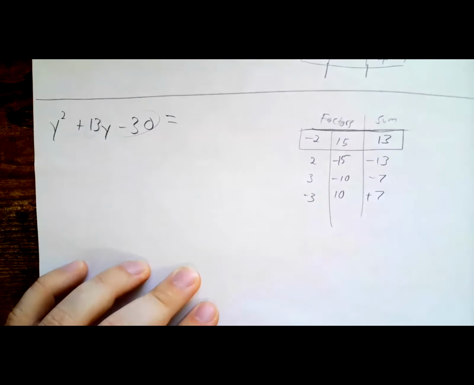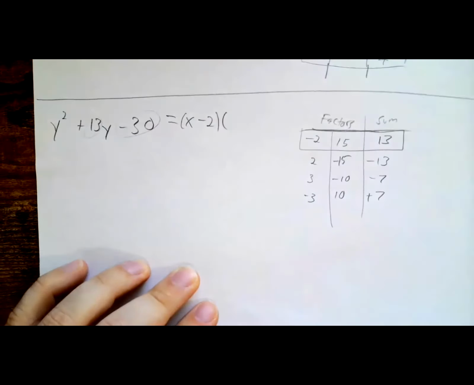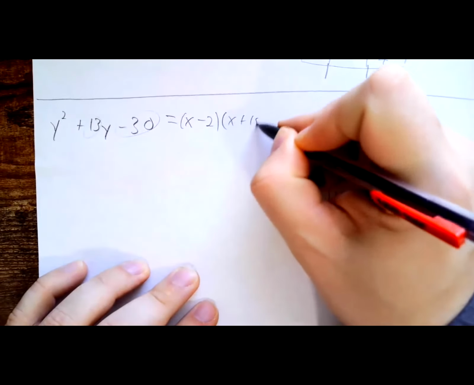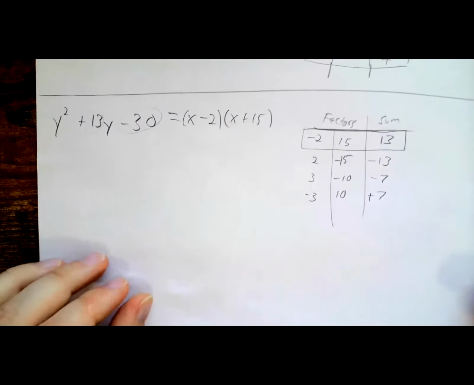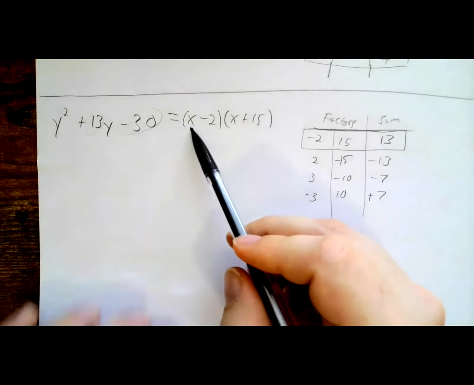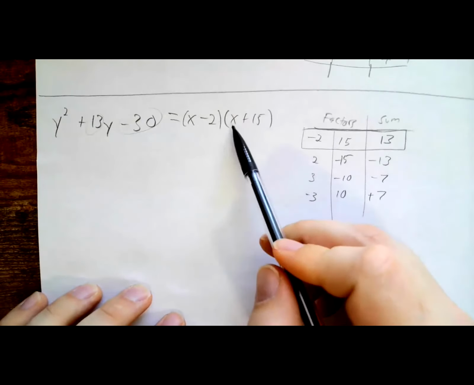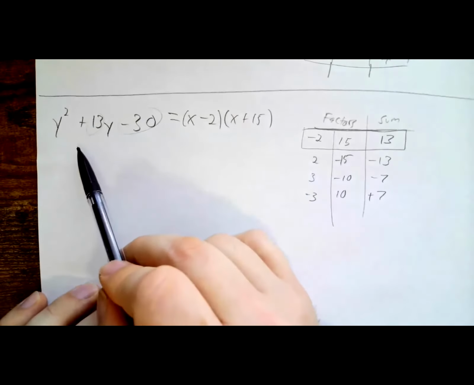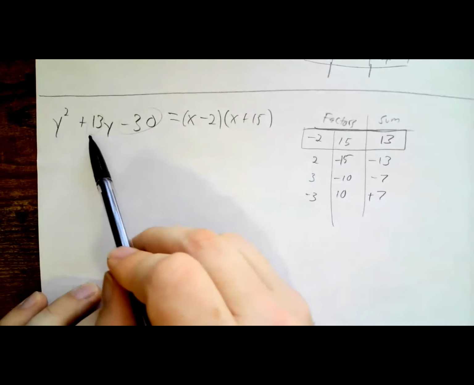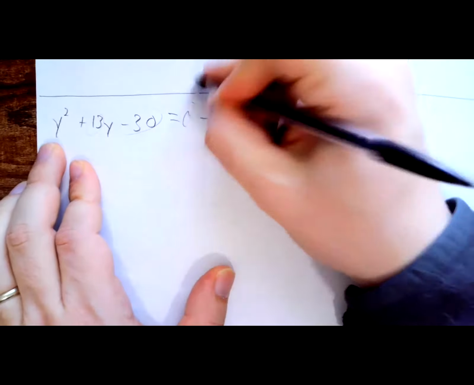So I can say with confidence, it's going to be x minus 2 times x plus 15. And I can check my work by FOILing that out. The first x squared, the outside 15x, the inside minus 2x. Adding, well, this is y squared plus 13y minus 30. So I don't know why I'm switching the variable to x.